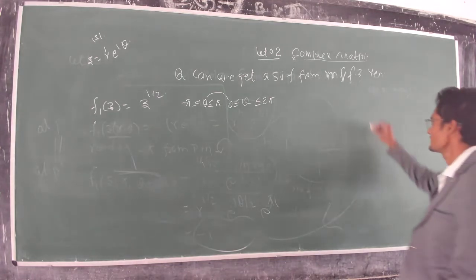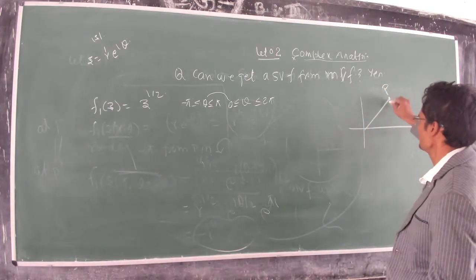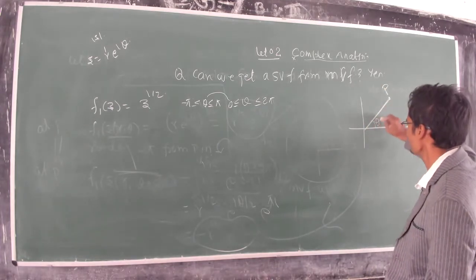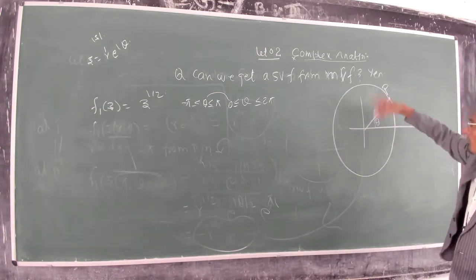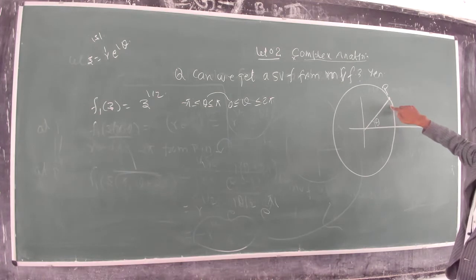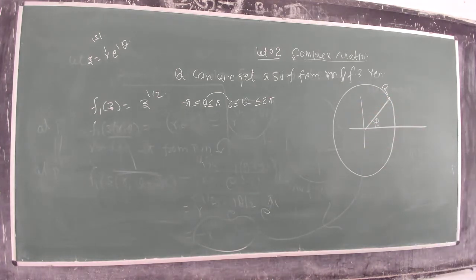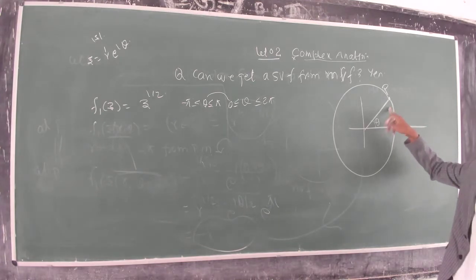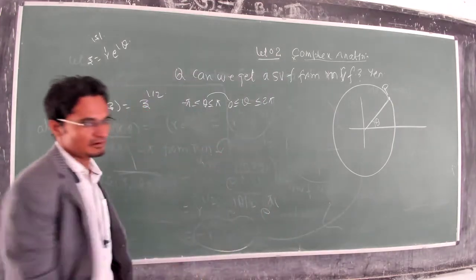If you remember, if P is a point, we started from here, this was the theta. If you rotate 2 pi, the moment you reach P again, it becomes a multi-valued function. If you do not cross P, if you are not taking 2 pi, then this 2 will not cancel out.